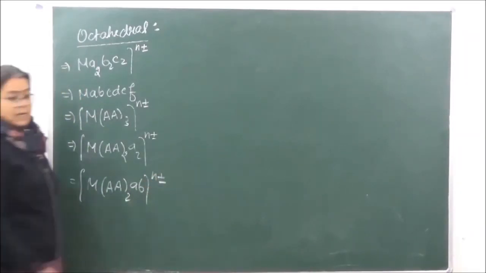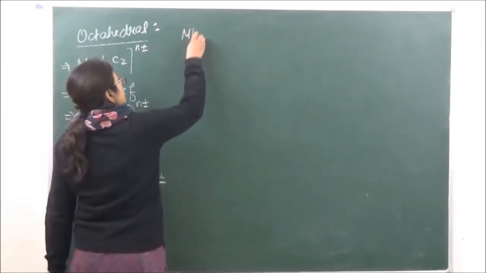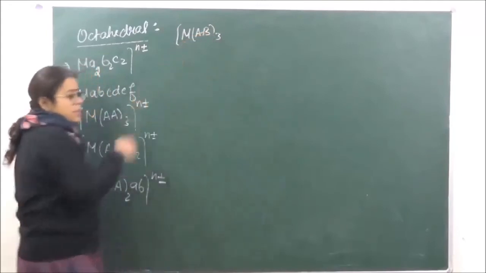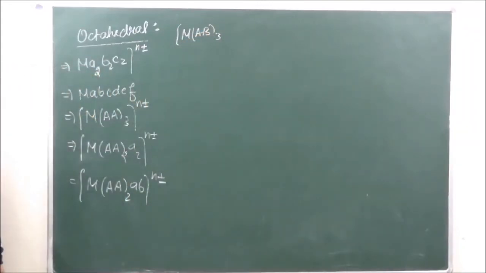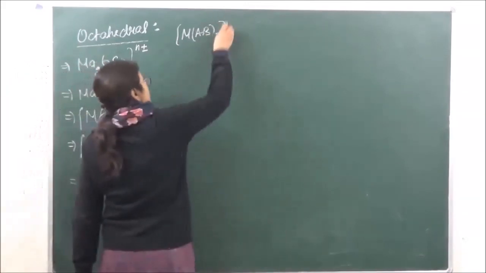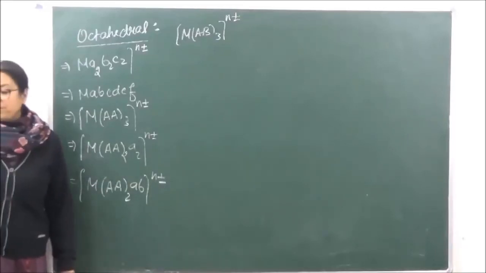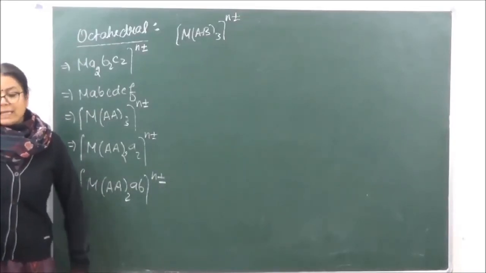And then finally, this is going to be an unsymmetrical bidentate ligand over here, AB3. All of these are going to show optical activity. So we're just going to take a few examples over here.